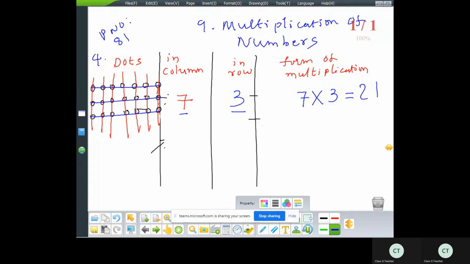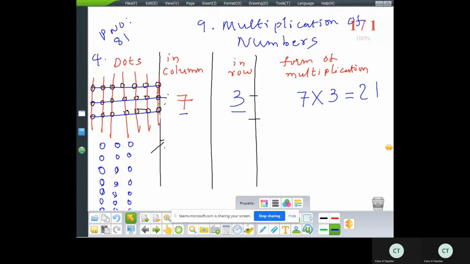Now, 3 columns, 1, 2, 3. Rows: 1, 2, 3, 4, 5, 6, 7. Yes. Now count columns.